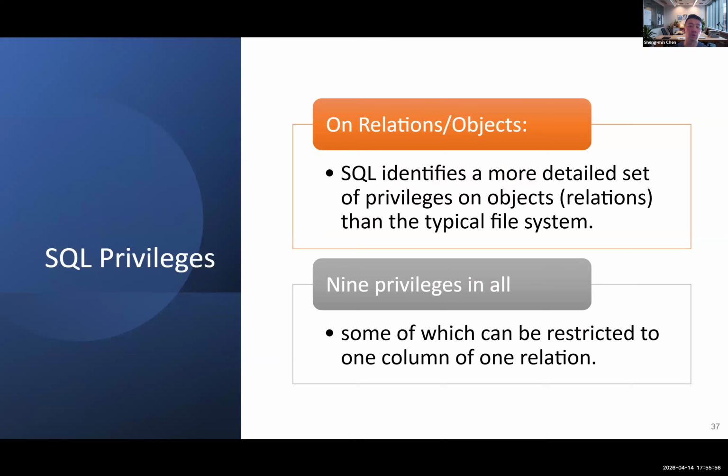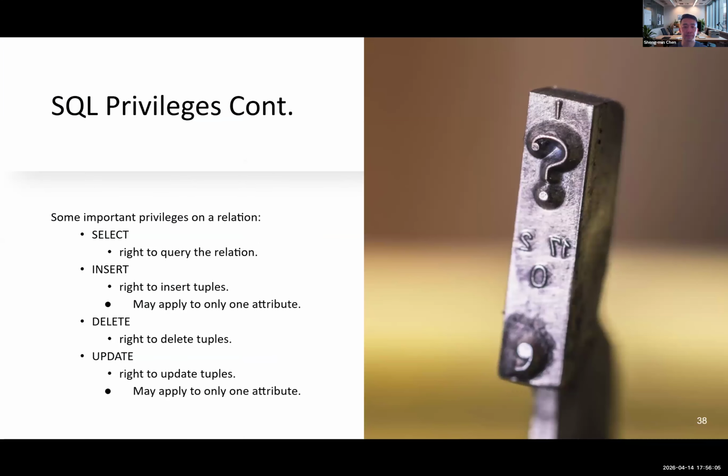There are in total 9 different privileges that you can use SQL and DCL to either grant or revoke. What we learned earlier is you could give access to roles or users on different objects.